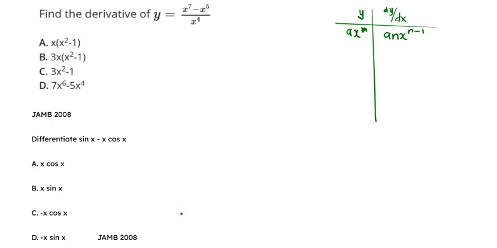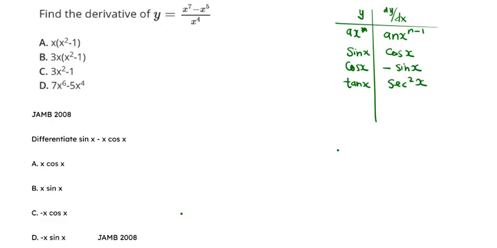Some other very common differentiation that you are supposed to be familiar with is the differentiation of some trigonometric functions. If you differentiate sine x, you get cos x. If you differentiate cos x, you get minus sine x. If you differentiate tan x, you get sec squared x.